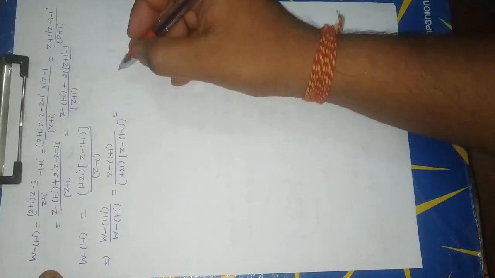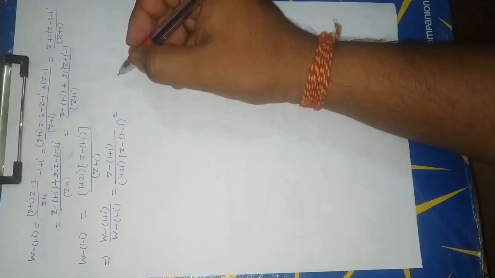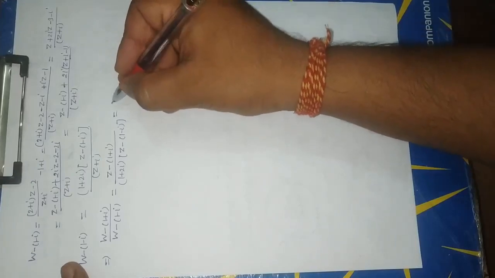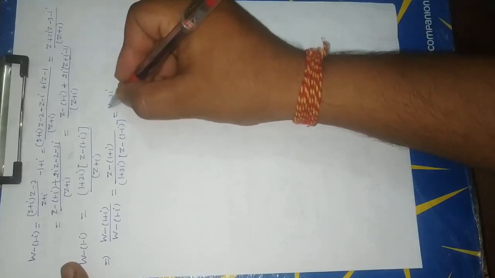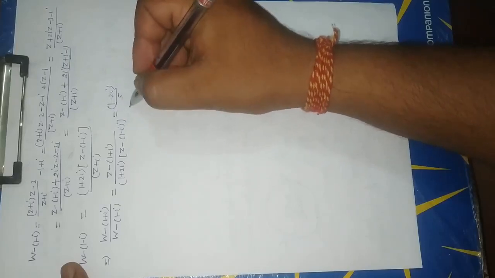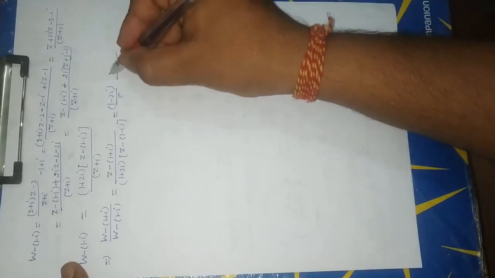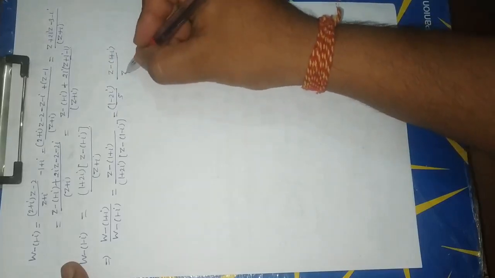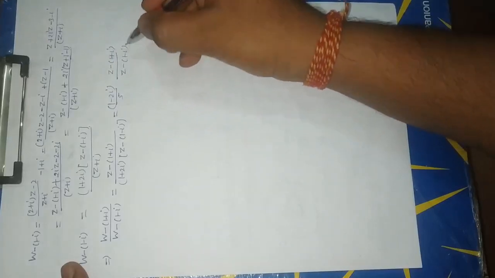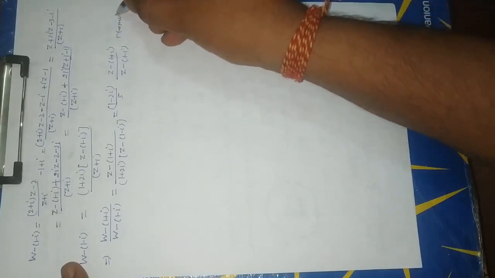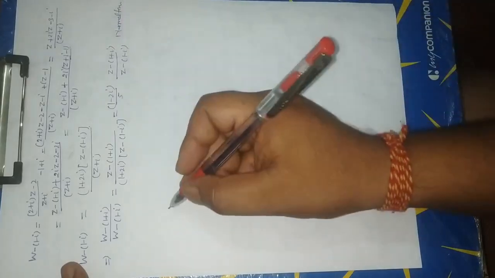This is equal to, multiply and divide by 1 minus 2i, then we get 1 minus 2i, and in the denominator we get 5, times z minus 1 plus i upon z minus 1 minus i. This is the normal form.